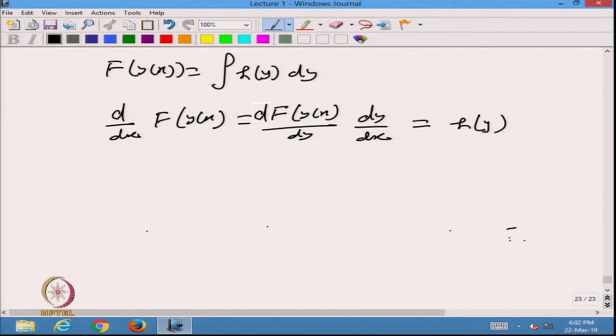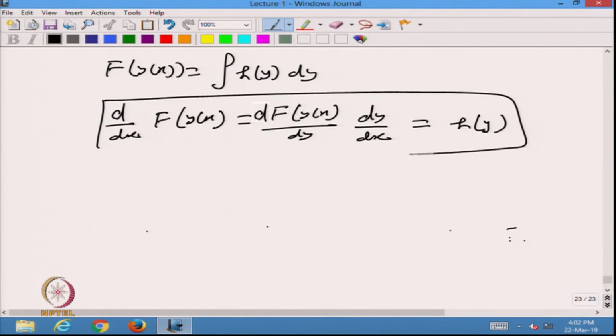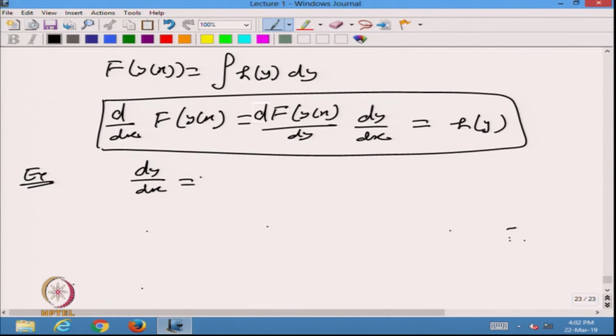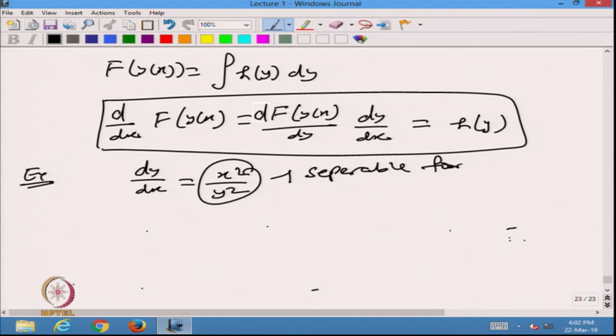So, now in this case I am going to do that. Let us take one example, it will be more clear how to solve. I have a differential equation dy by dx is equal to x square plus y square. This is a non-linear equation and it is of separable form.